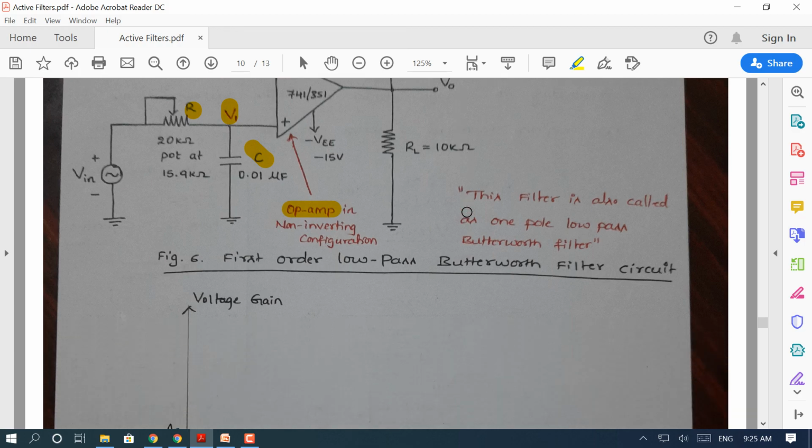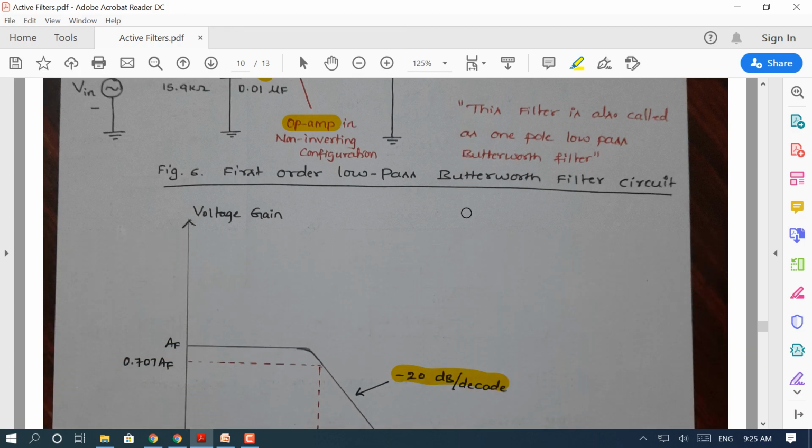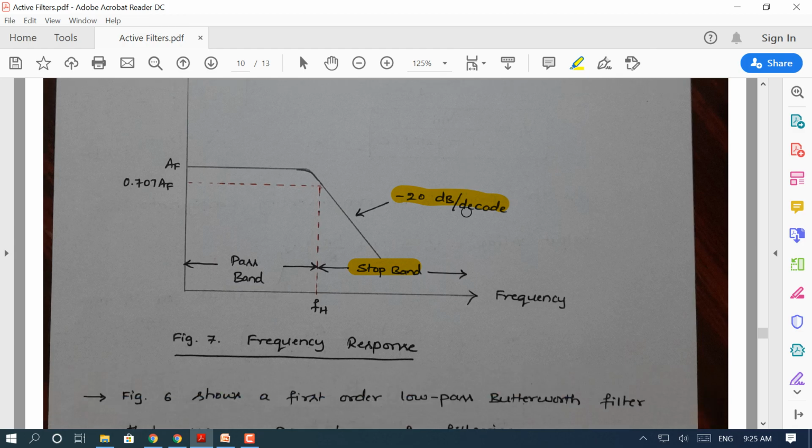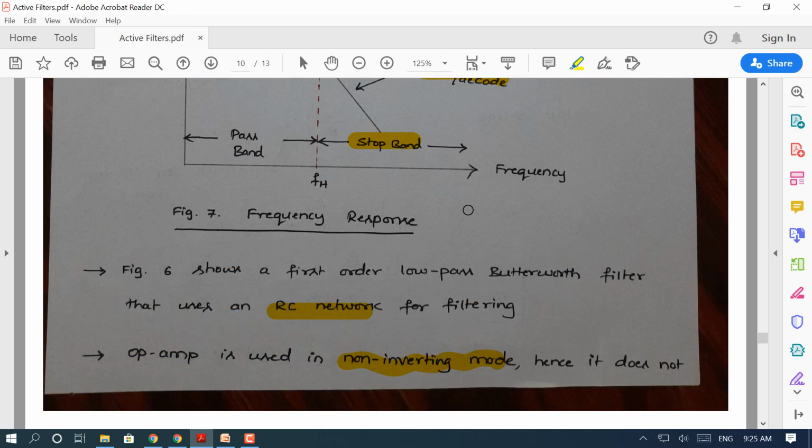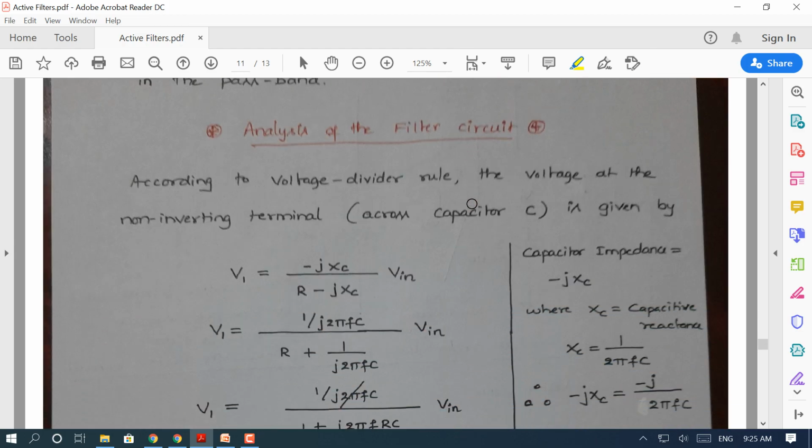Now, let us simplify the V1 equation, and further we can proceed to calculate the output voltage equation. We understood how we get this equation, minus jXc divided by R minus jXc times Vin, by applying the voltage division rule at the input of the circuit across resistance and capacitance.